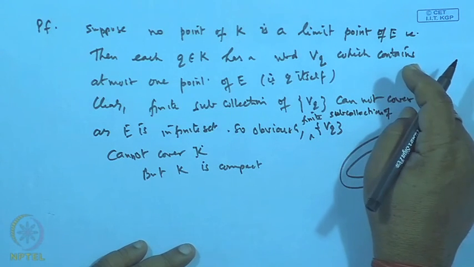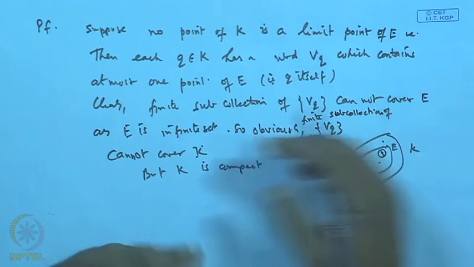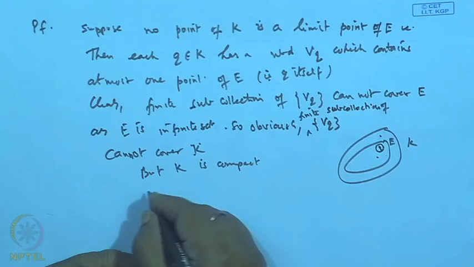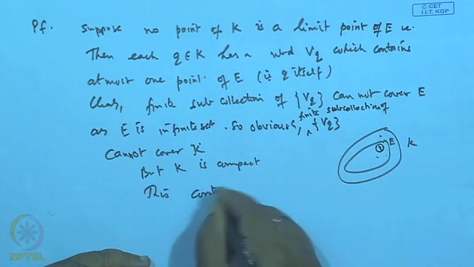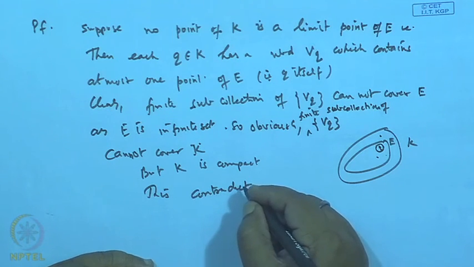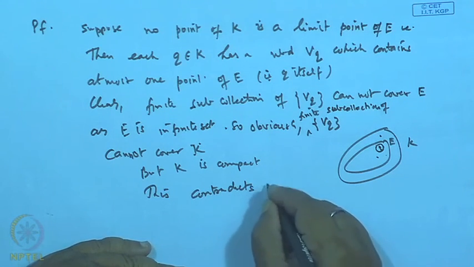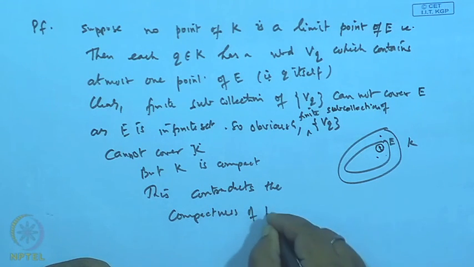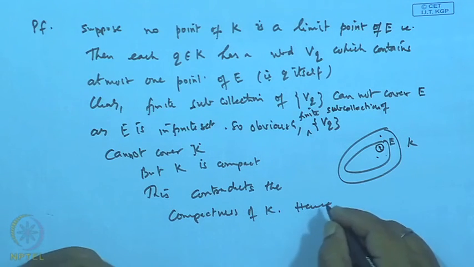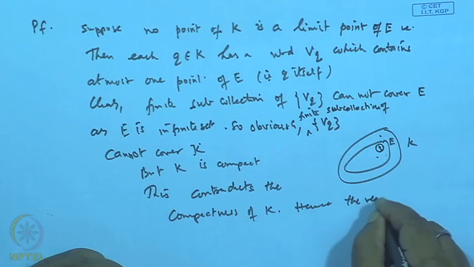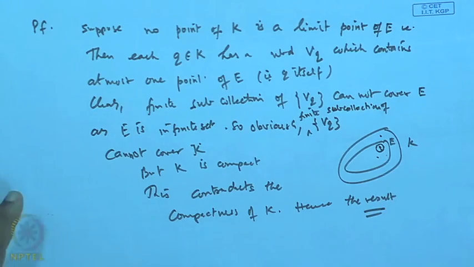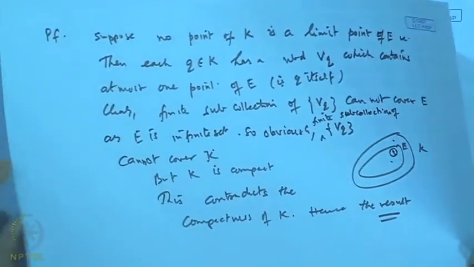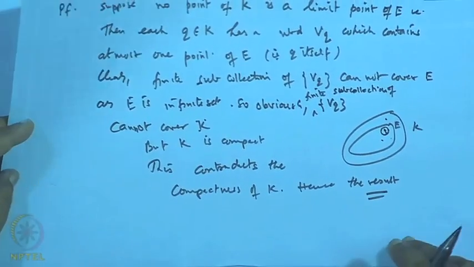Now V Q is an open cover of K, so a finite subcover must cover K, which is a contradiction, because it does not cover K. So this contradicts the compactness of K. Hence the result follows.